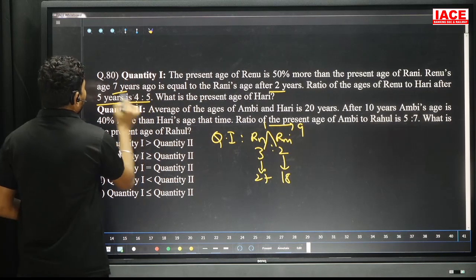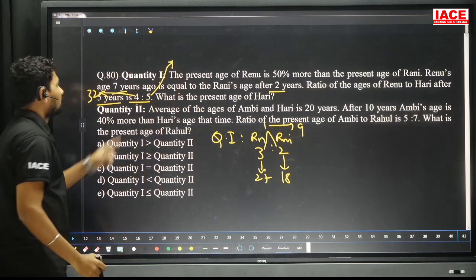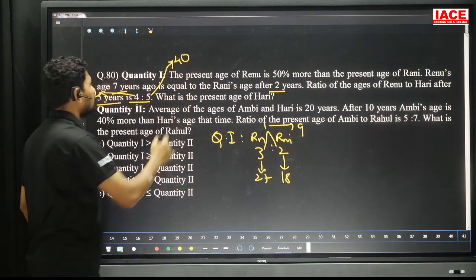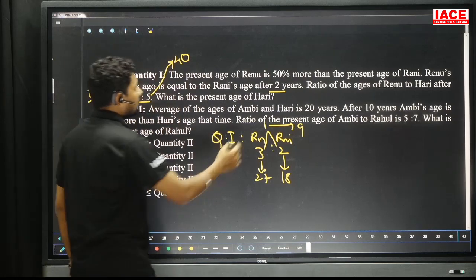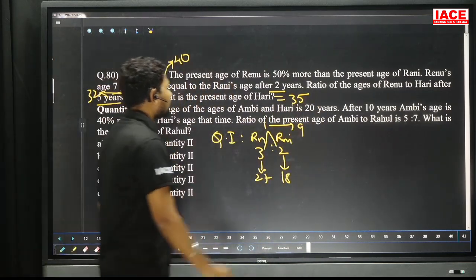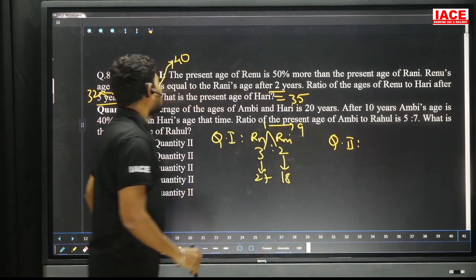So 4 parts is equal to 32, and 5 parts is equal to what? It is 40. This is 5 years after. If Hari's age after 5 years is 40, the present is how much? 35 here.